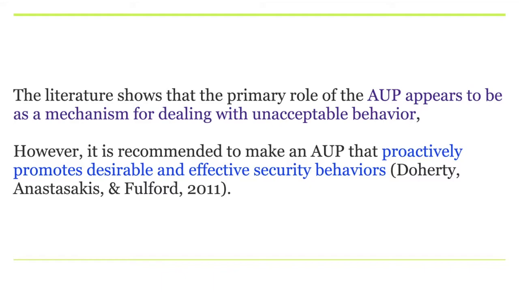According to the literature, the current AUPs in use appear to be mechanisms for dealing with unacceptable behavior. But it is important that we make AUPs proactively promote desirable and effective security behaviors.